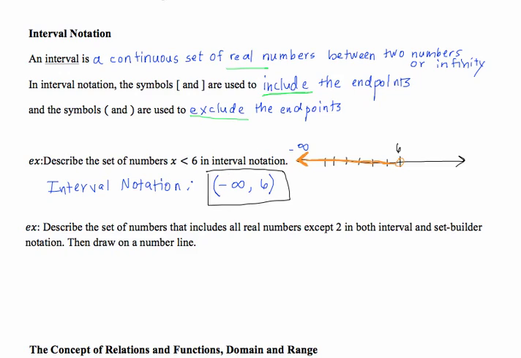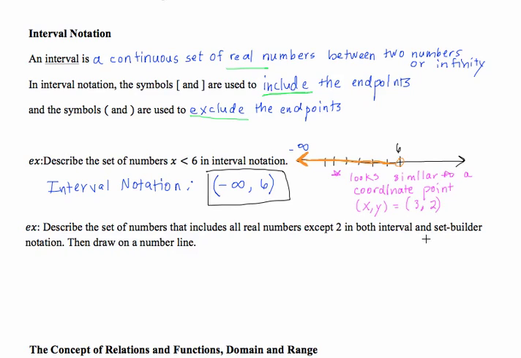Now let me give you a word of caution here. This looks very similar to a coordinate point. In this case it's obvious it's not a coordinate point because infinity doesn't make sense. But it looks similar to a coordinate point, such as maybe the xy coordinate 3, 2.